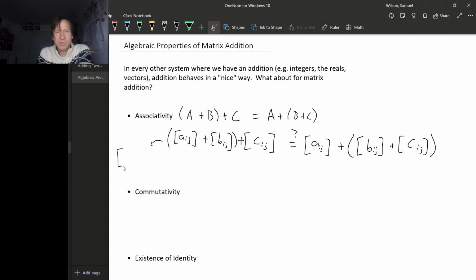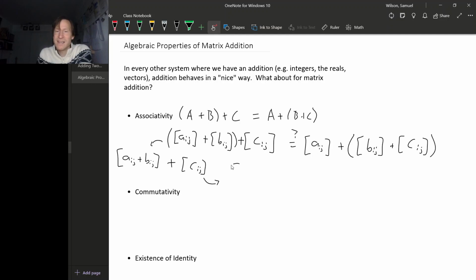The first step would be to add the stuff in parentheses. That would give you a matrix that looks like, since we add matrices entry by entry, when you add the A's and the B's, you get a_ij plus b_ij, like this. And then afterwards, the plus c_ij.